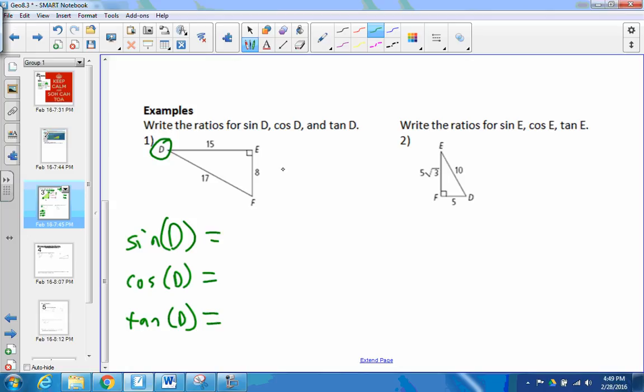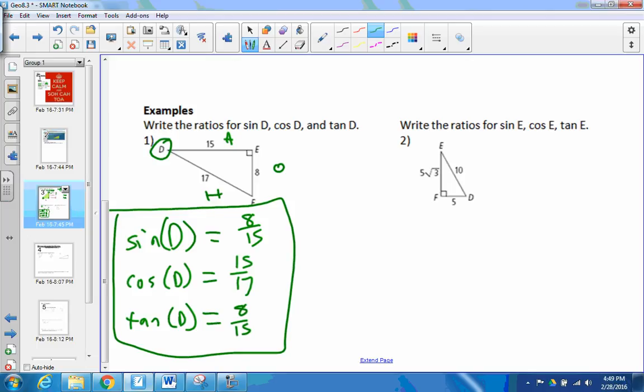This is the opposite, this is the hypotenuse, and this is the adjacent side. So that's 8 over 17. The cosine would be adjacent over hypotenuse, or 15 over 17. And tangent would be TOA, opposite over adjacent, so 8 over 15.